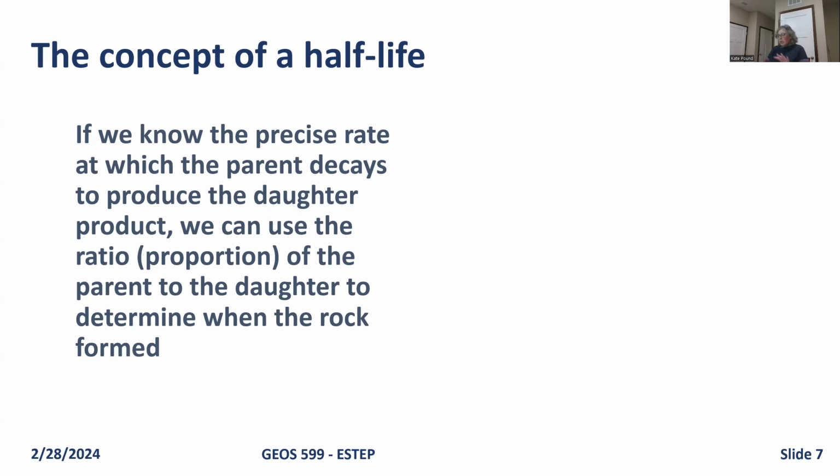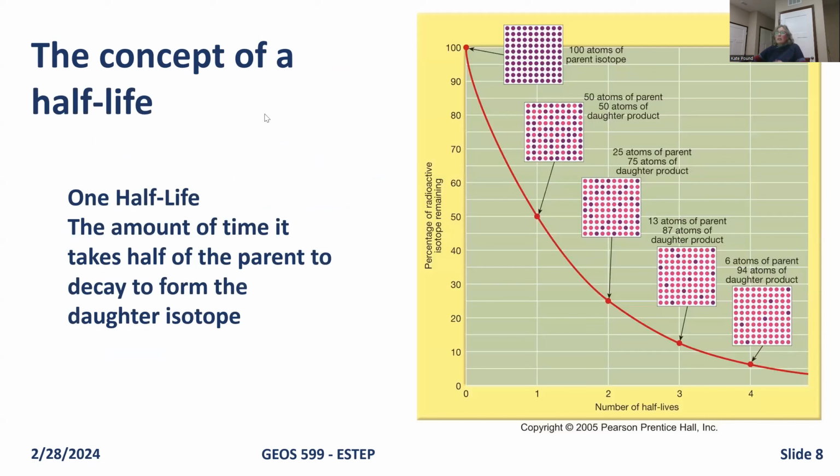Okay, that's the premise of radiometric dating. And let's look at exactly what a half-life is. Don't worry about the graph yet. One half-life is the amount of time it takes half the parent to decay to form the daughter isotope.